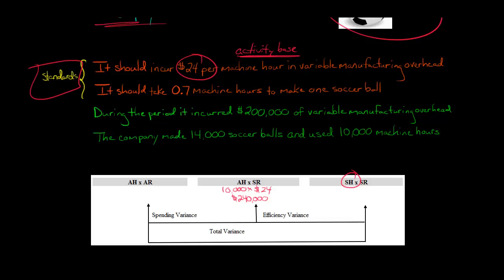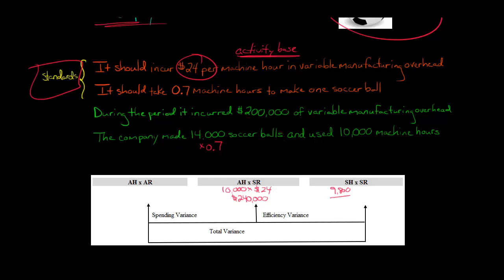Now, our standard hours. We actually have to do some calculations here. It was 14,000 soccer balls that we made, and it was supposed to be 0.7 machine hours per soccer ball. So we multiply by 0.7, and that gets us 9,800. This is saying that it should have taken 9,800 machine hours to make 14,000 soccer balls.